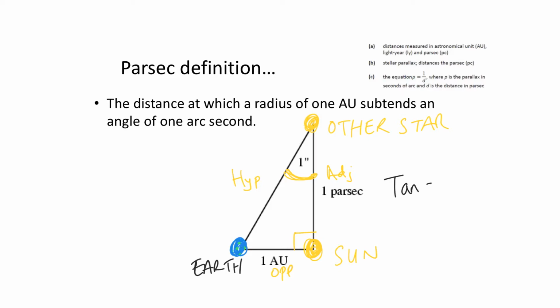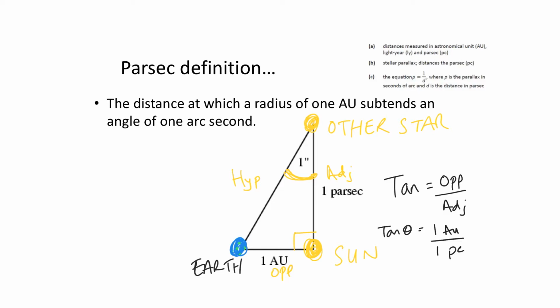So using tan equals opposite over adjacent, we've got tan theta equals 1 AU over 1 parsec.